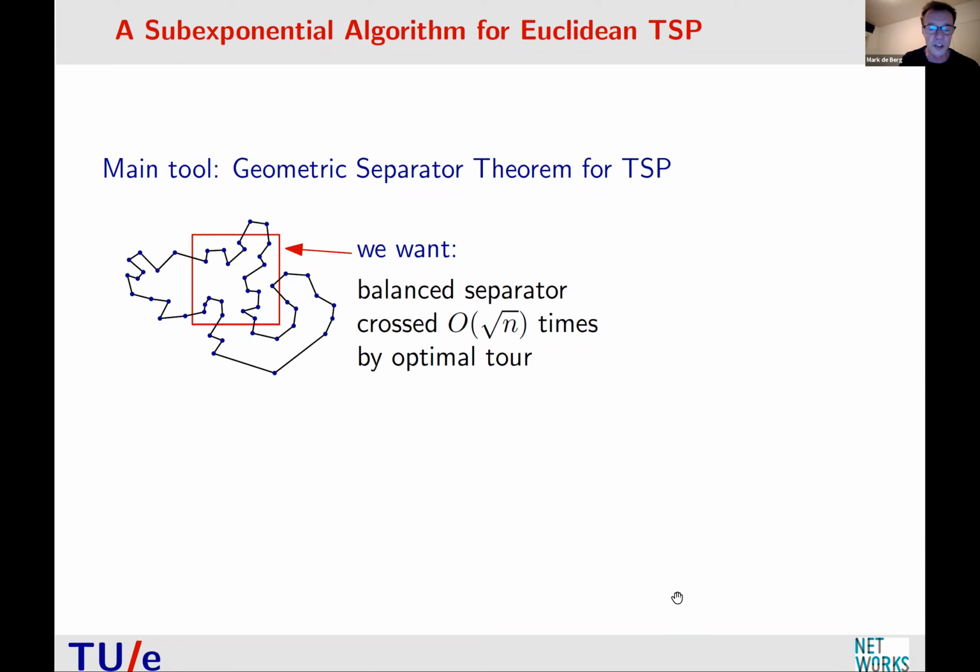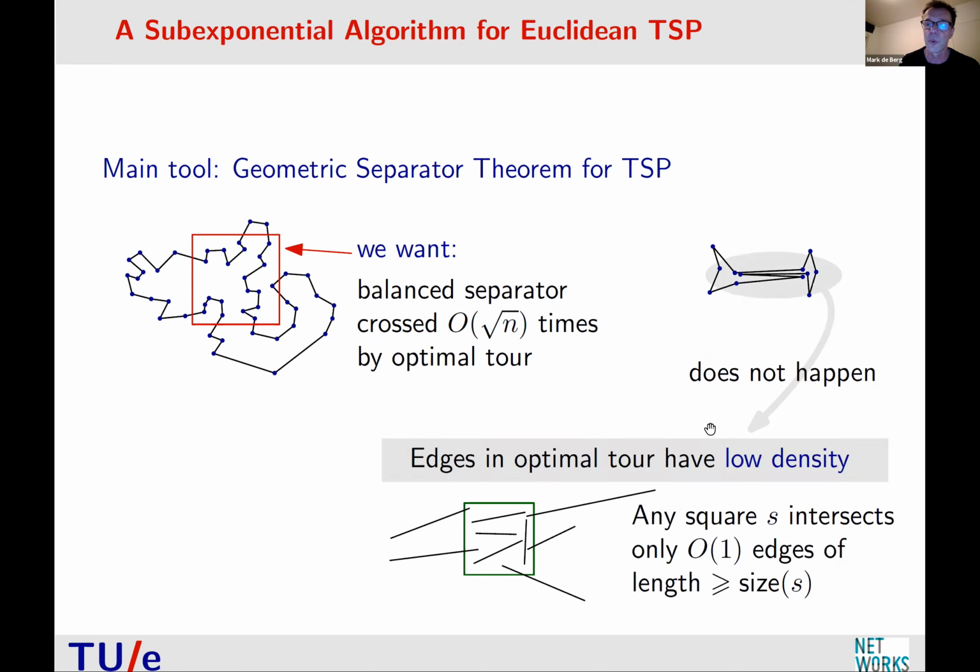So why does it exist? If you look at something like this, then obviously this cannot be the optimal solution. If things are far apart, like here, you're not going to be going back and forth many times, because then you can shortcut. What you can show is that the edges in this tour have what was originally called the packing property in a completely different context, and is called low density.